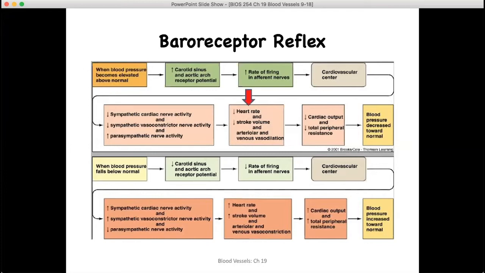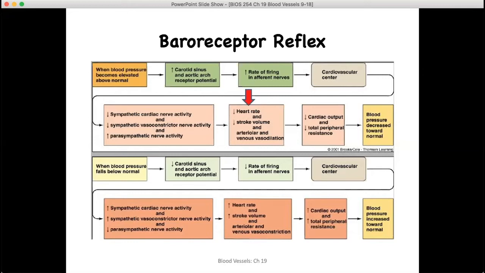If you increase parasympathetic input to the nodes and decrease sympathetic input to the nodes, the heart rate will go down. If you decrease sympathetic input to the myocardium, stroke volume will go down. In addition, decreased sympathetic input to the blood vessels will bring about vasodilation, both of the arteries and the veins.